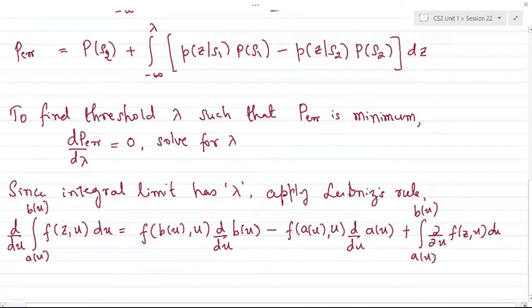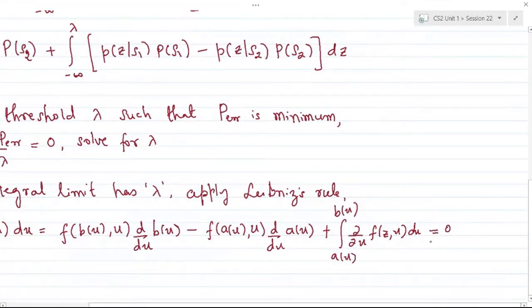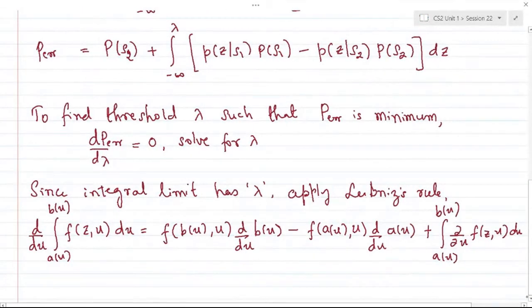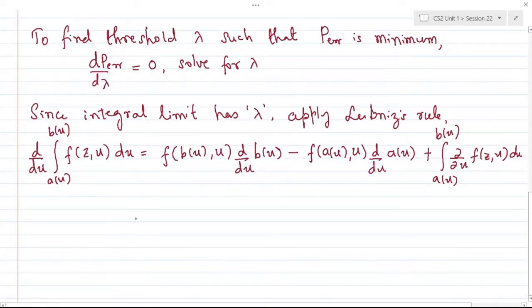And of course, we need to equate this expression to 0. That is what we are trying to do in order to minimize and find the variable lambda, or variable u in this case.